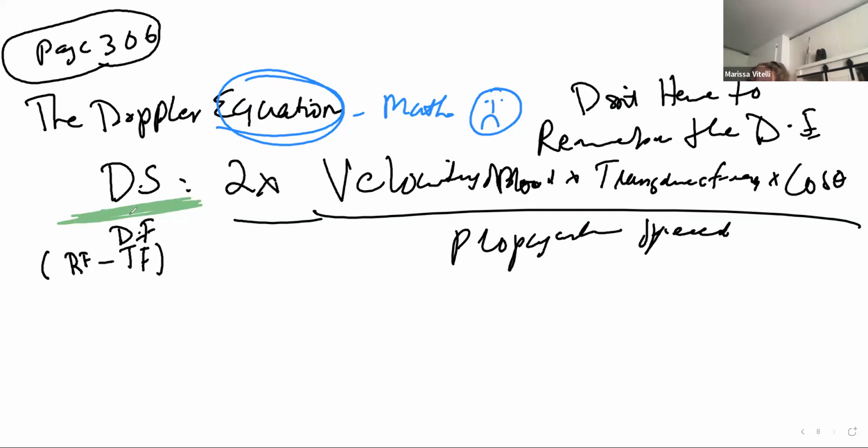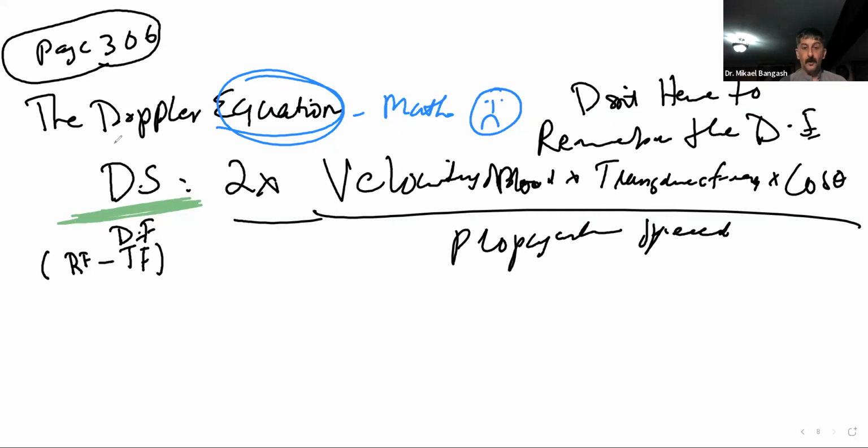Yes. Good. Now, what the system will be doing, based on these frequencies here, with the help of the velocity of the blood, the transducer's frequency, and something not that complicated that we'll talk about, the cosine theta value of different angles between our beam and the direction in which the blood flows, is give us a Doppler shift.